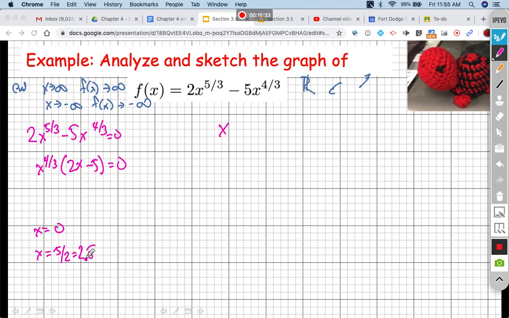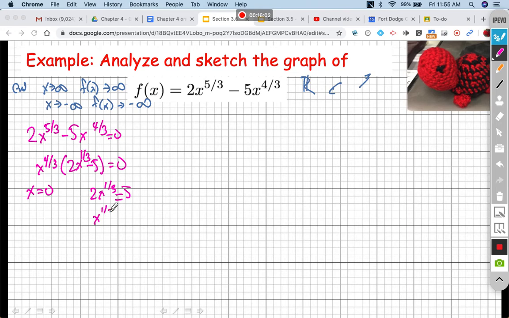No, I messed that up. Totally. I'm not going to redo this whole thing. This is x to the 1/3. Sheesh. How can you do that to us, right? Okay, so we do have x equals 0 as one zero from here, but we need 2x to the 1/3 equals 5.